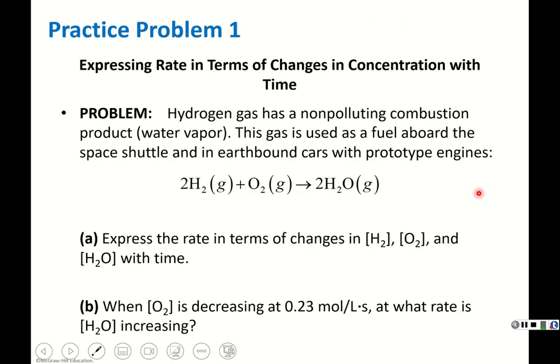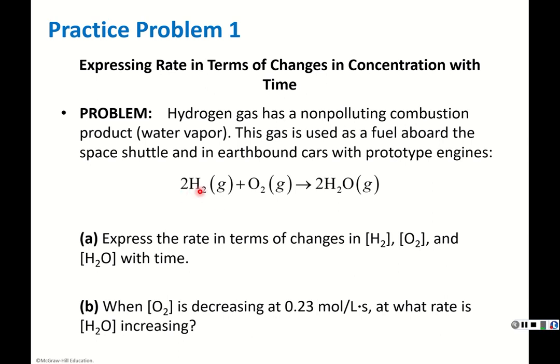So let's try a practice with this. We have a reaction of hydrogen gas with oxygen. One of the reasons why hydrogen gas is such an attractive fuel source is because you can burn it with oxygen and it just produces water. It's extremely clean. And actually storing and utilizing the hydrogen, liquid hydrogen, that's the real hard part.